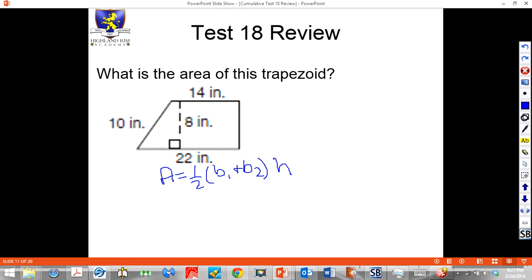So in this case, base 1 is 22, base 2 is 14. Your height, and keep this in mind, is not this side here, but the perpendicular from the base, and that's going to be 8.